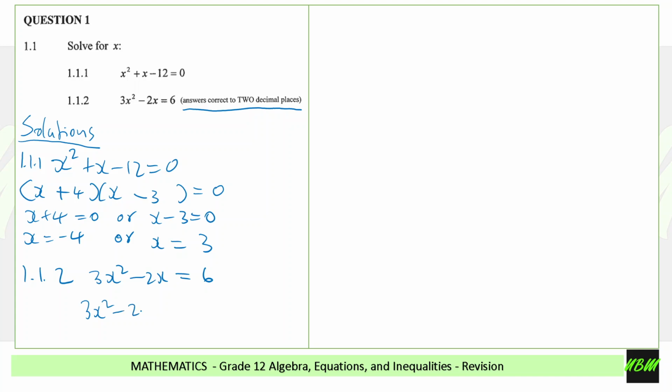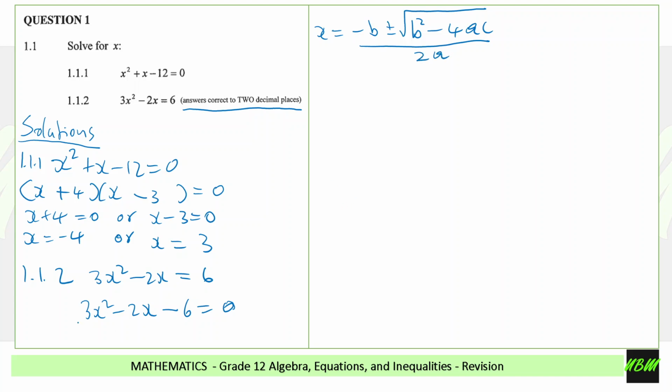3x squared minus 2x, transpose 6, minus 6 is equal to 0. Then we are now going to apply the formula x is equal to minus b plus or minus the square root of b squared minus 4ac, all divided by 2a.